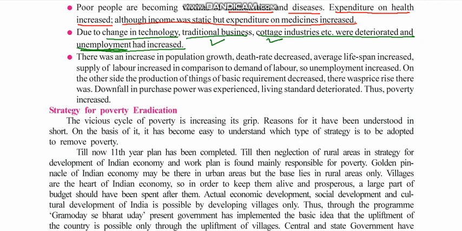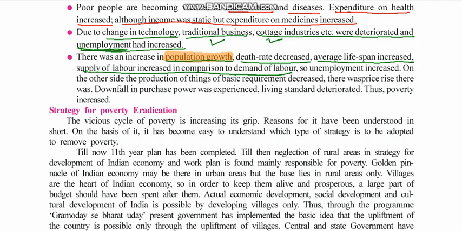The last is the increase in population growth. This is the biggest reason, and remember it, population growth is the biggest reason for poverty. Population growth, death rate decreased, average lifespan increased, supply of labor increased in comparison to demand.